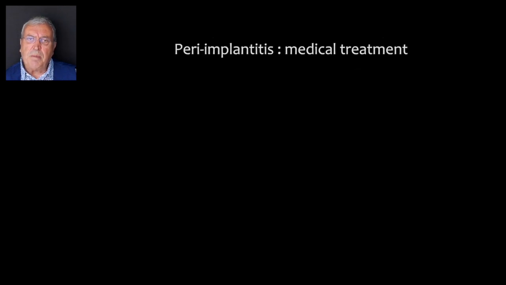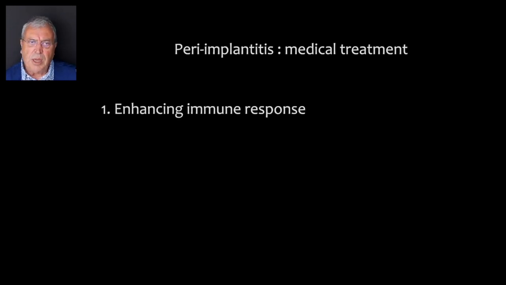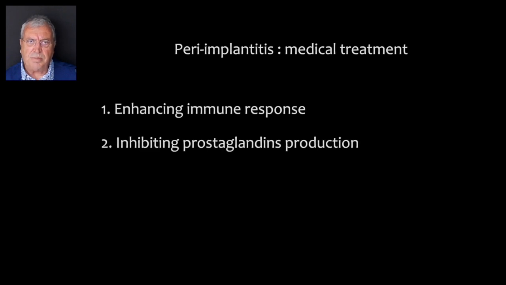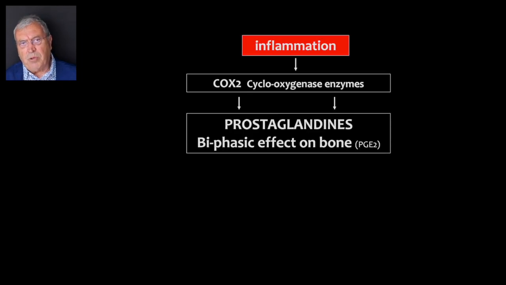But if we want to make a medical treatment, we need to enhance, of course, the immune response, and we need to inhibit the prostaglandin production. What is the pathway? Inflammation-induced production of prostaglandin through the cyclooxygenase enzymes.